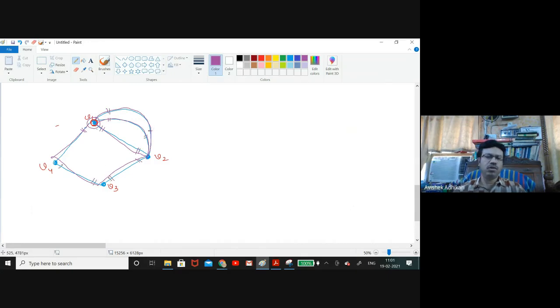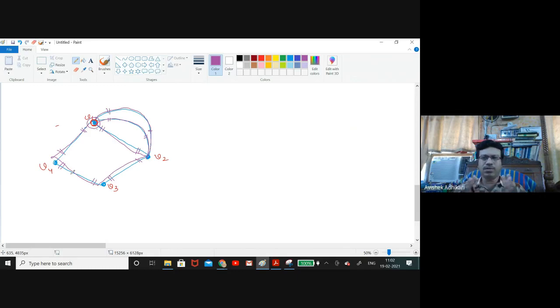So if the degree of each vertex in a connected graph is even, then you will certainly have an Eulerian line. And conversely, if you have an Eulerian line, then the degree of each vertex must be even. That's already done.